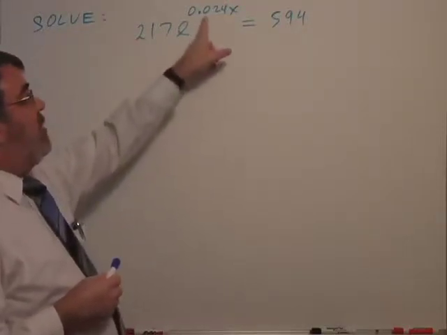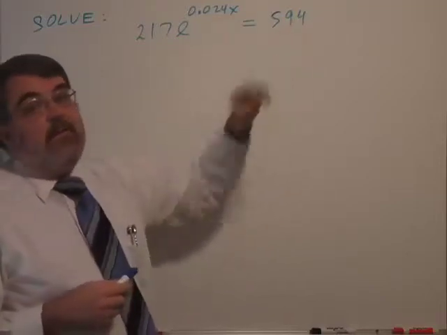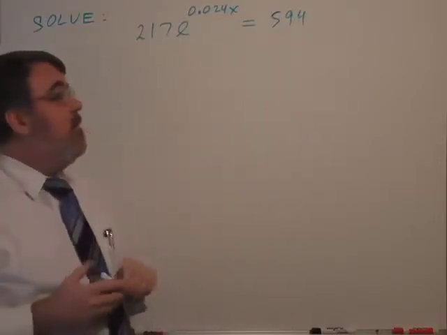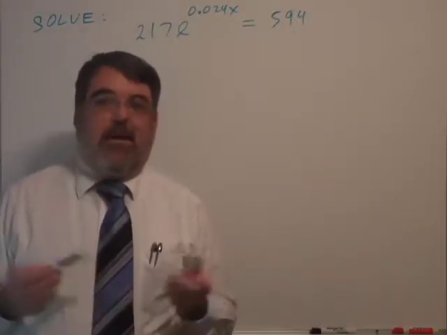217 e to the 0.024x equals 594. Let me give you a quick interpretation of where this might come up.